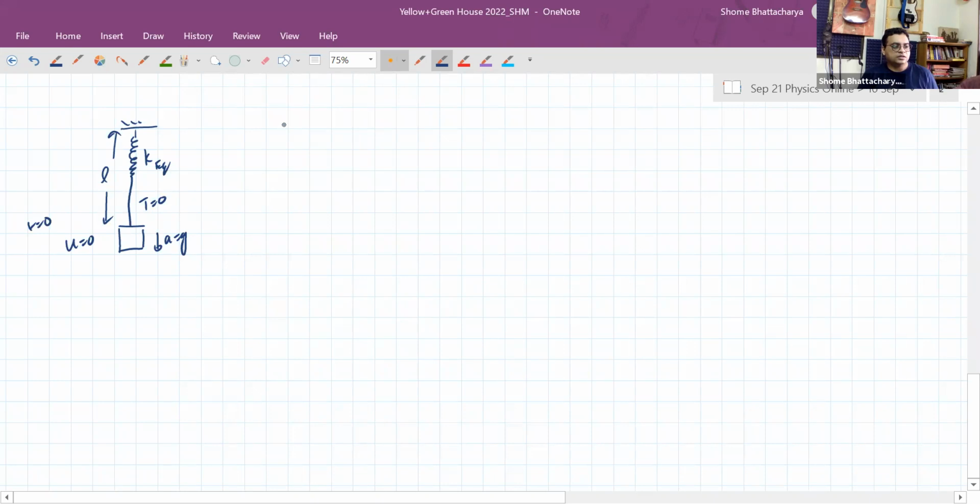But then the equilibrium position is somewhere here, let's say. At this position, let's say the spring's extension is this much. The acceleration is 0. This is the mean position.